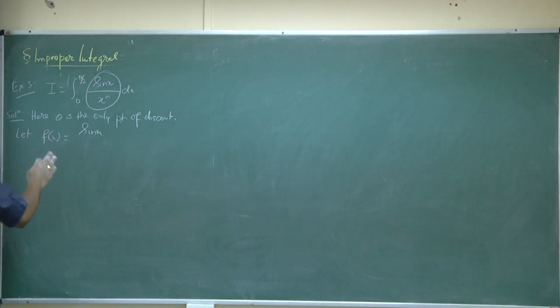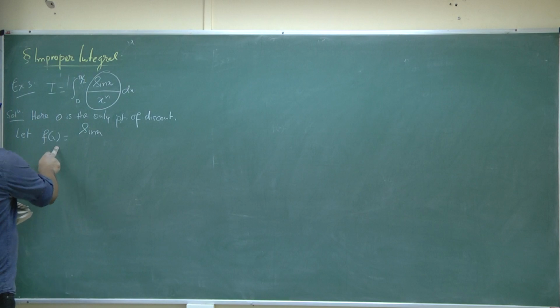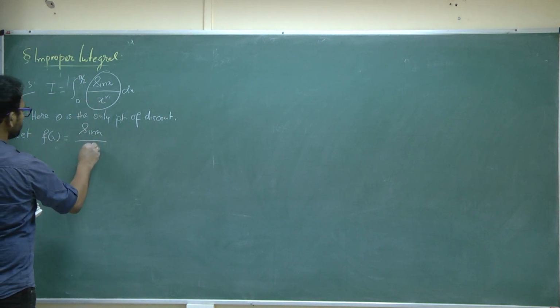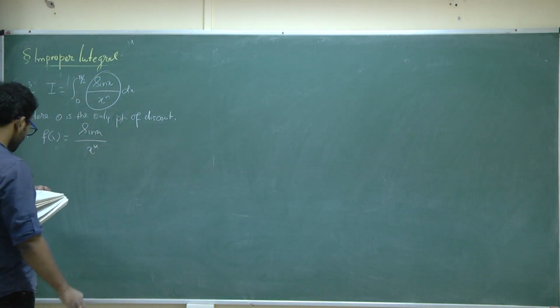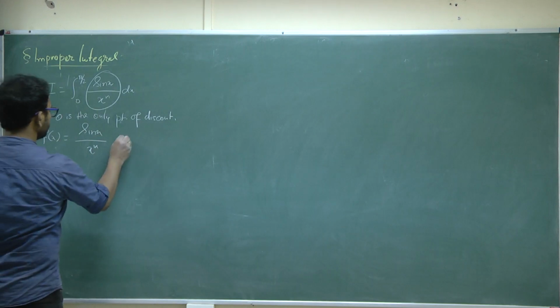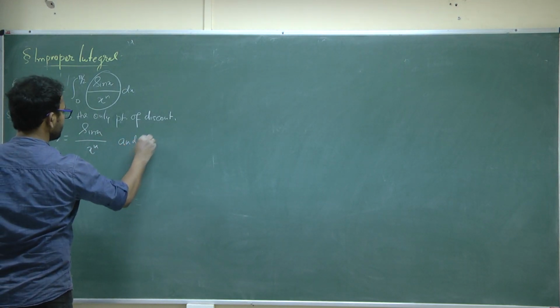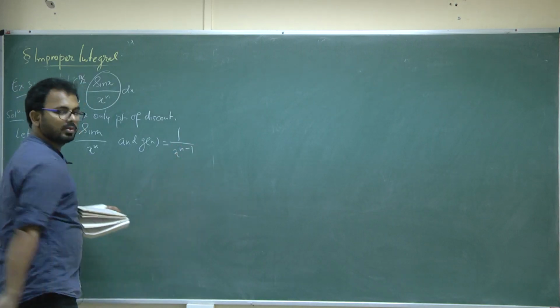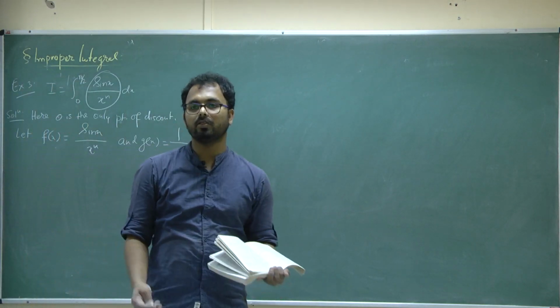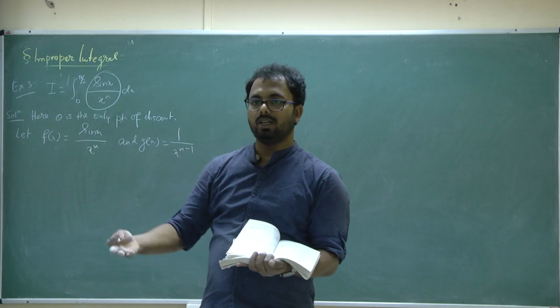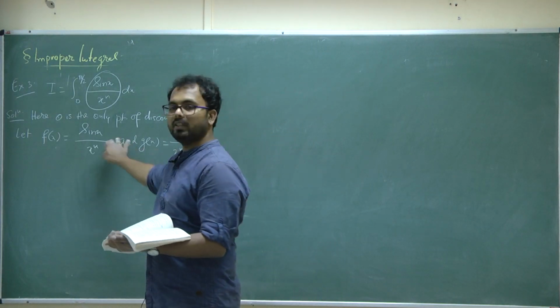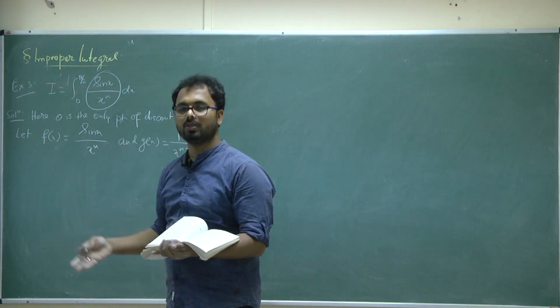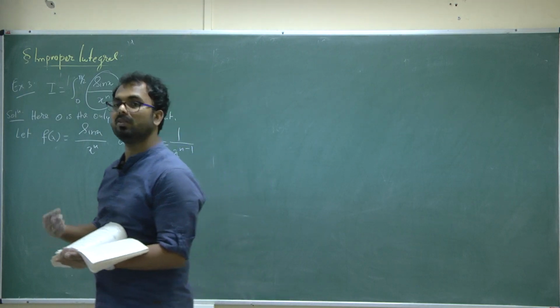So, the rule of thumb is you always assume f(x) as the given integrand sin x by x to the power n, and let us say we choose g of x. How you choose g(x) is entirely up to you, and it comes via practice. There is no known formula that based on f(x) you choose some g(x). How you choose g(x) is entirely up to you and how good you are at it.